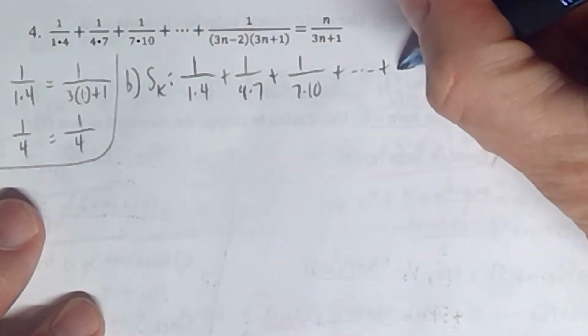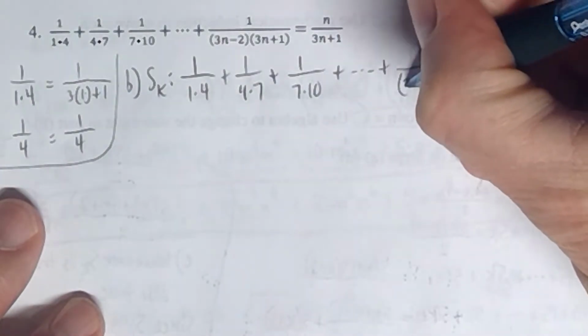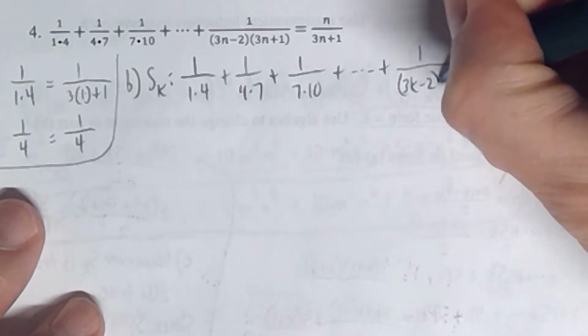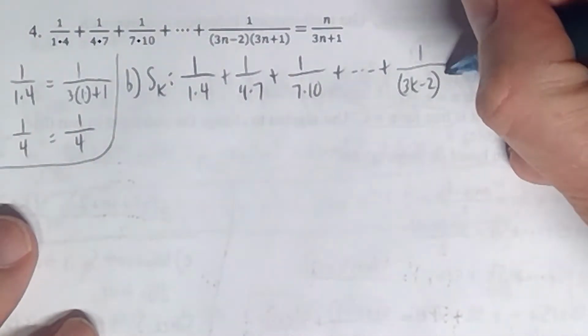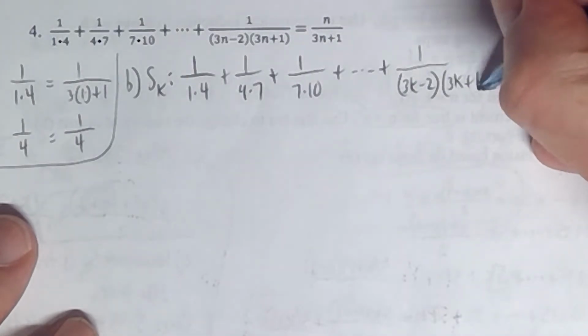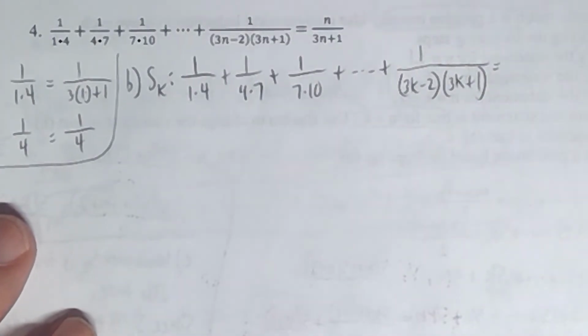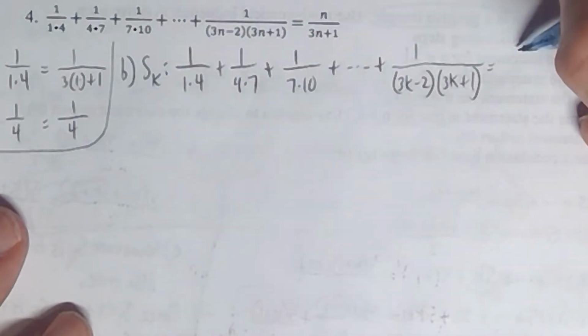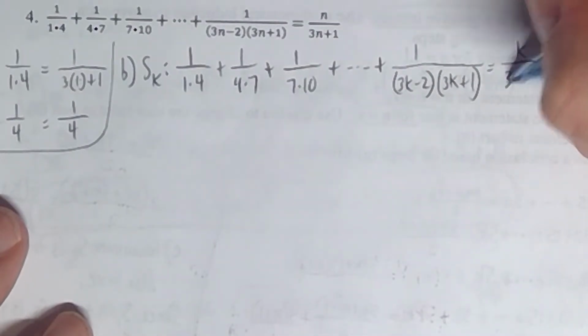Okay, so in this last fraction before the equal sign, we get 1 over 3k minus 2. And then 1 over 3k plus 1. On the other side of the equal sign, you plug in k, and you get k over 3k plus 1.